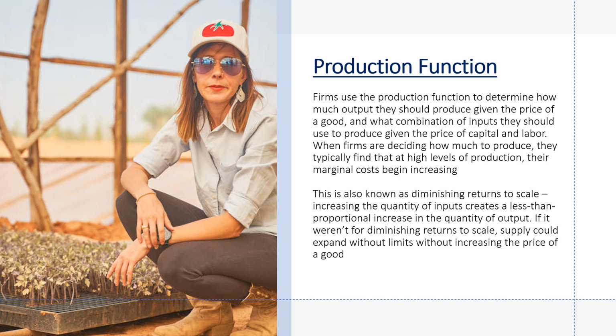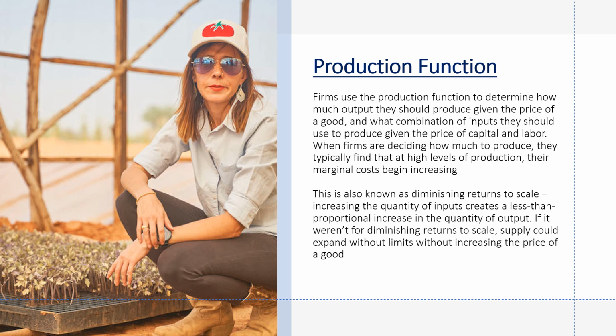So there's a point that it comes to that, they're overproducing, and all the gains that they get from volume start to go down. And this is called diminishing returns to scale, whereas increasing the quantity of inputs creates a less than proportional increase in the quantity of output.